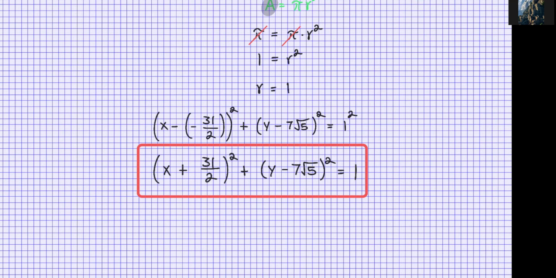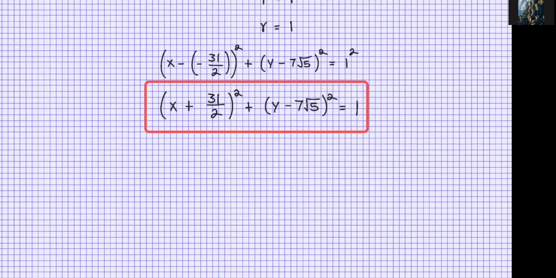Now, what happens if they give us the center and the circumference? Let's imagine that we have the center as 17/2, comma, -5/2. And they tell us that the circumference equals 12 pi.